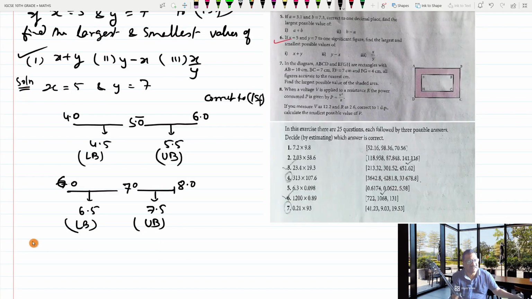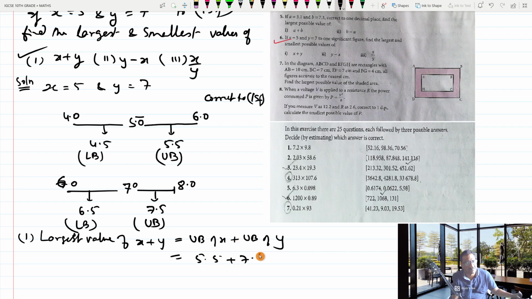The first one is the largest and the smallest value they want. So the largest value of x plus y will be the upper bound of x plus the upper bound of y. You'll have to take both the upper bounds, so 5.5 plus 7.5, which works out to 13.